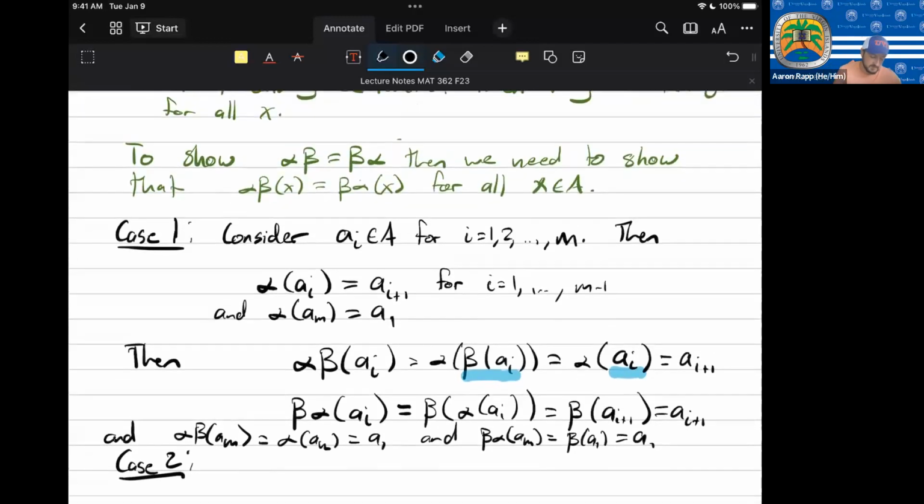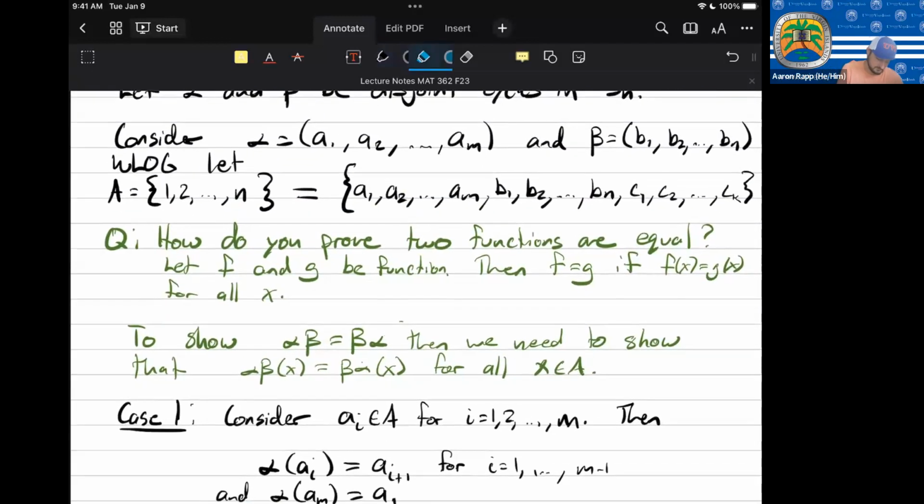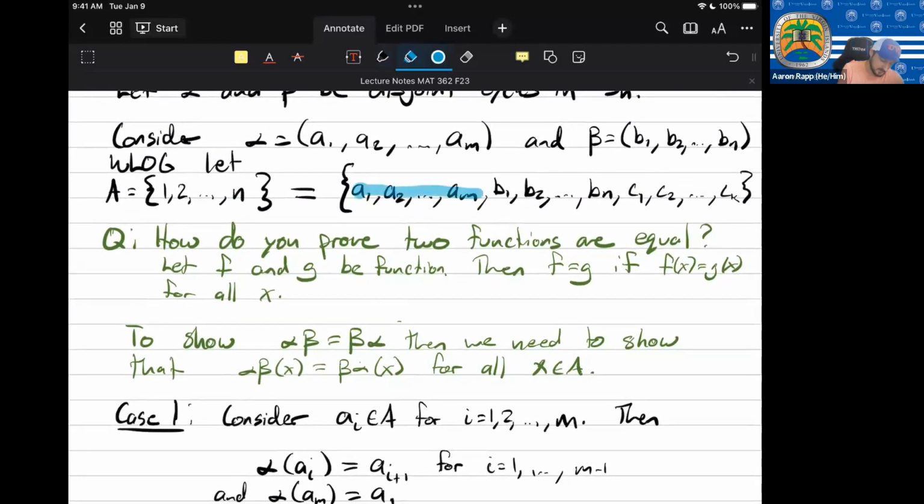So what we've said here is if I've selected any of the little a's, any of those elements from my set of numbers that I'm permuting, which we called capital A, I know the outputs for these two functions are going to be the same. I've gone through and said all of these are good.